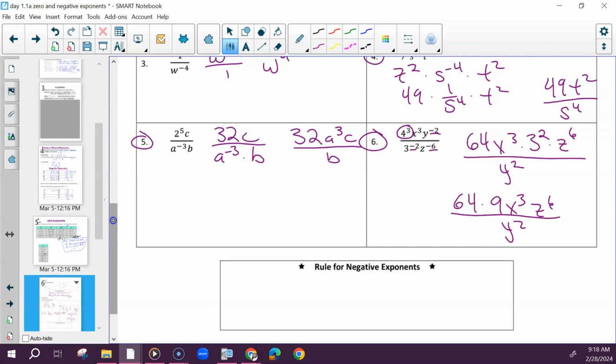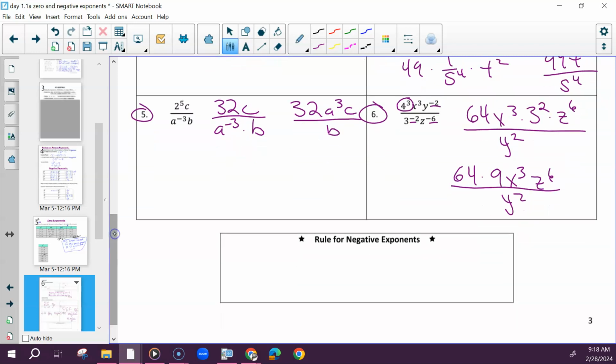Will someone do that? 576, x to the third, z to the 6, all over y squared. What questions do we have on that?